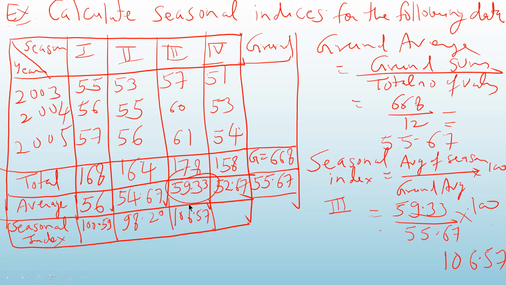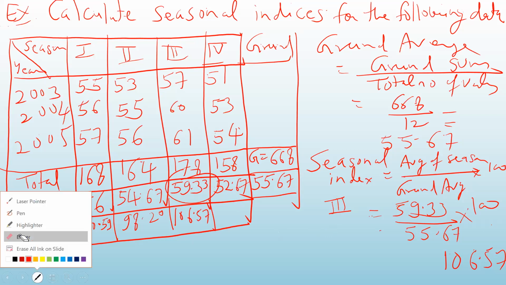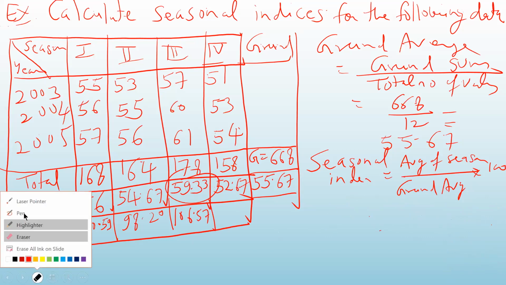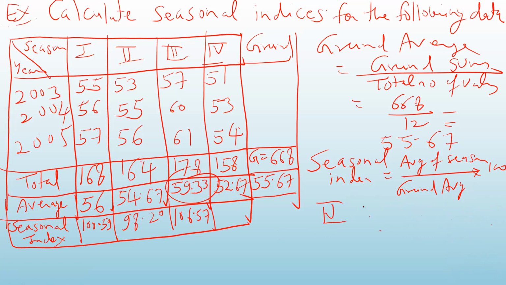Then for the fourth season, the seasonal index is the average of the season, that is 52.67, divided by 55.67 into 100.